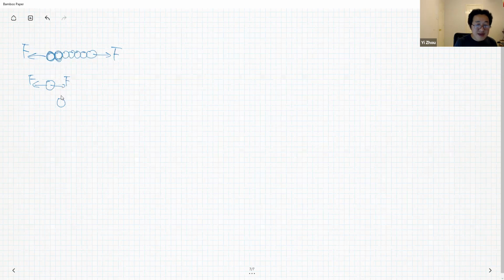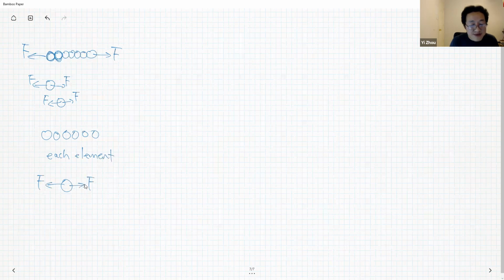Then for the second element, the first element applies a force of F, and the third element applies a force of F. So you can see, if you think of a string as a lot of elements, then for each element, the force analysis is the same. Every element has a force to the left and a force to the right, and they are the same magnitude F. So in this condition, we say the tension is the same, F.